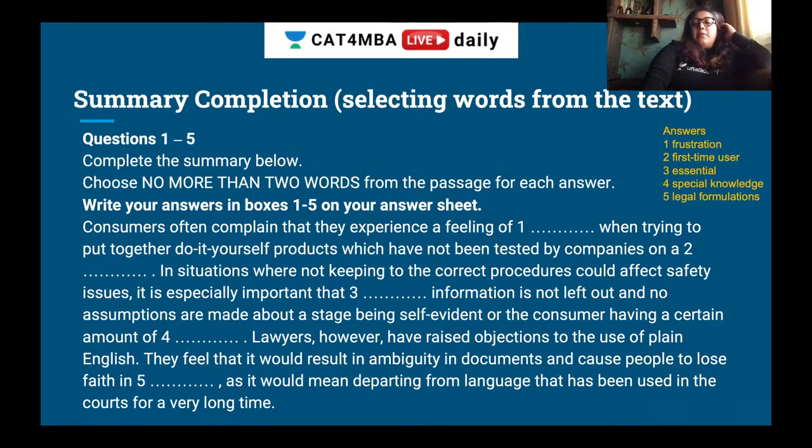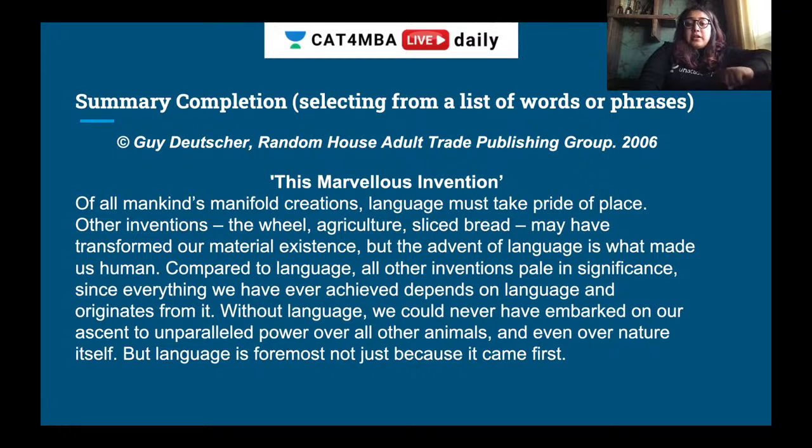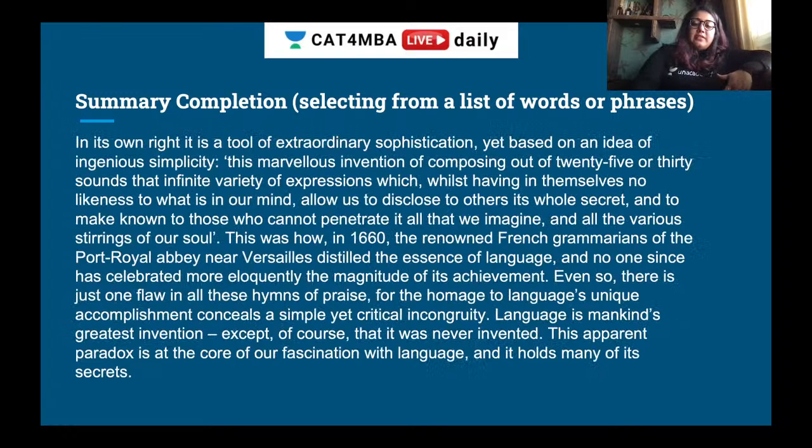So, this was summary completion, selecting words from the text. There is summary completion selecting from a list of words or phrases. I will give you a list of words and phrases which will be there. You need to just first read the paragraph and then you have to choose from a list of words or phrases. You need to complete your summary. Let's see, read the question.